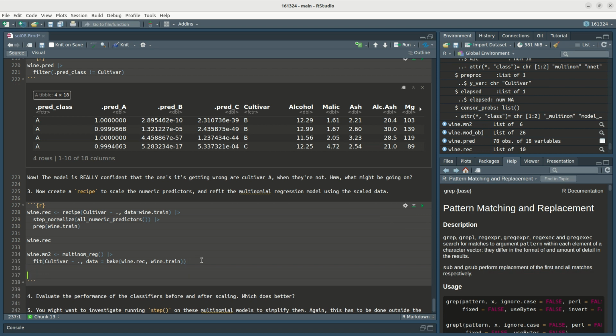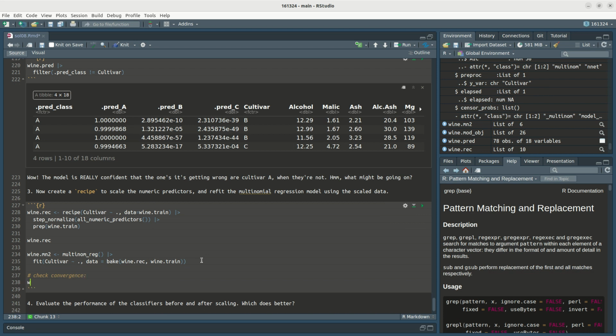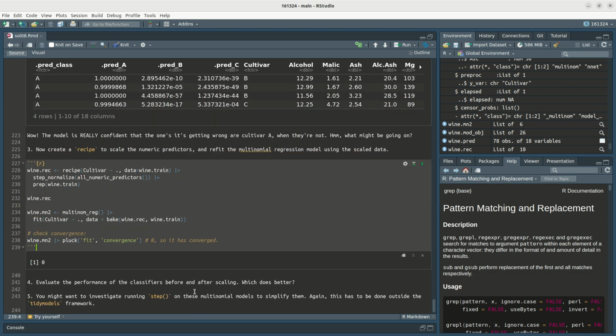Okay, again, we could check convergence. And it's converged. Okay, and then we could do our predictions.